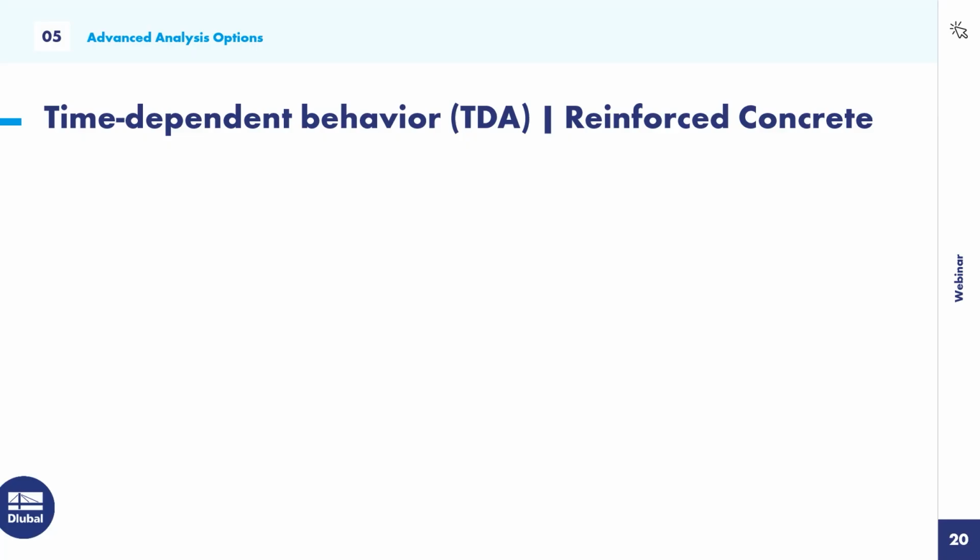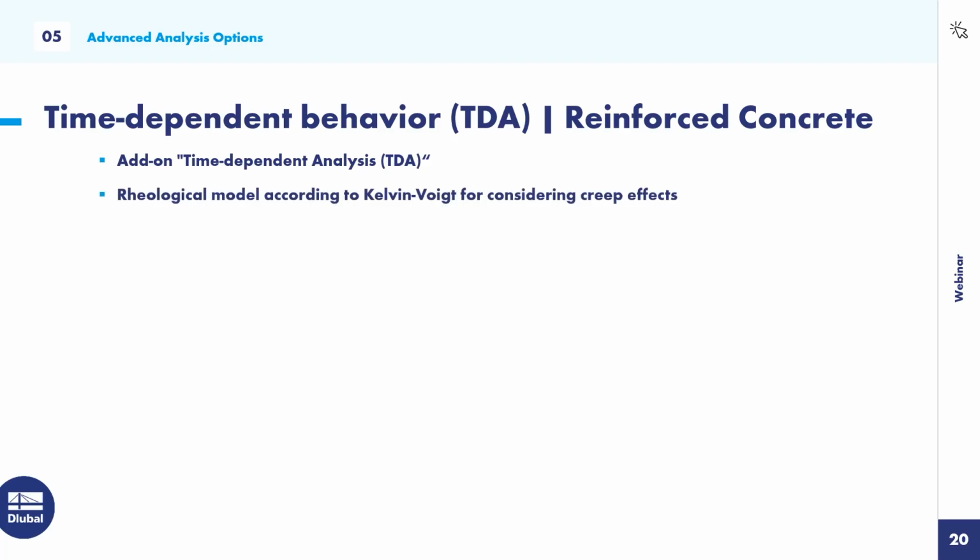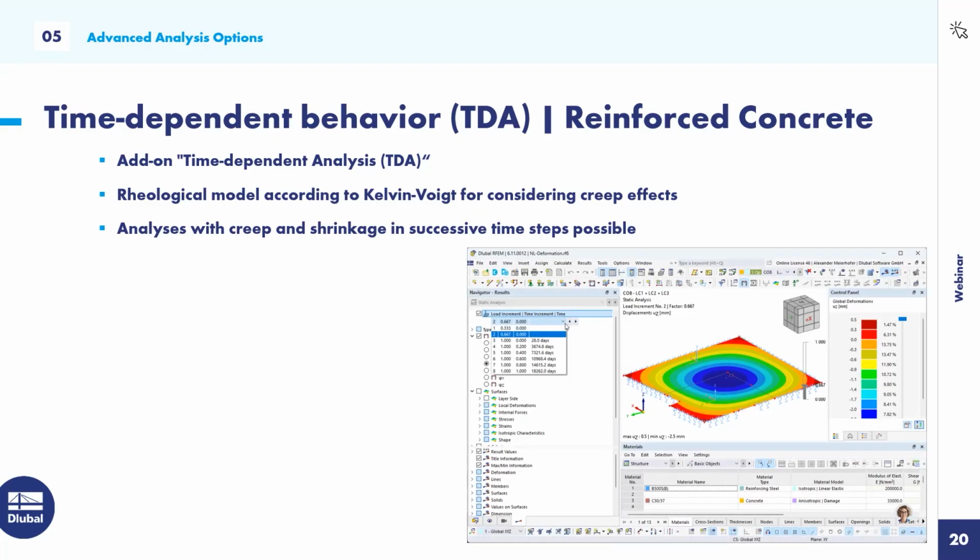The next advanced analysis is the time-dependent behavior. It's in our add-on Time Dependent Analysis. We use here the rheological model according to the Kelvin-Voigt approach to consider the creep effects. And what does it mean? In this case, we can analyze the creep and shrinkage effect successively in time steps.